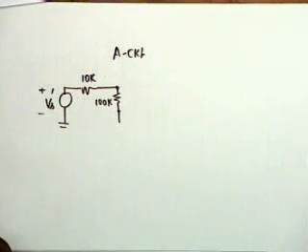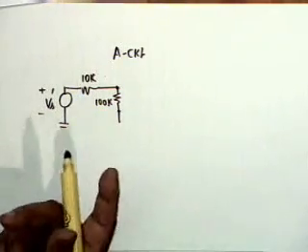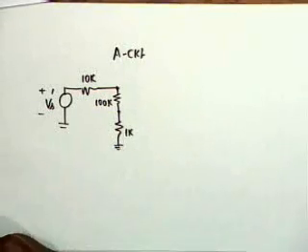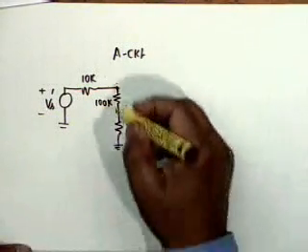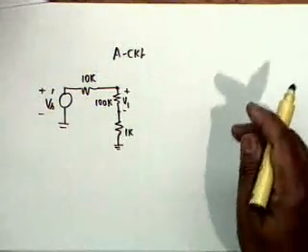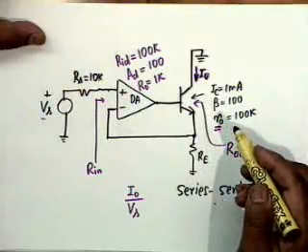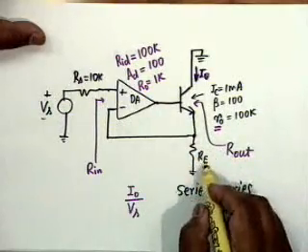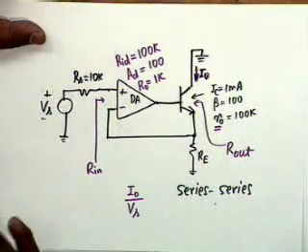Now what do I do to this feedback circuit? This is a series, so I shall have to open the output, which means that 1K shall come here. Agree? Series. And this voltage is V1. This 1K is R sub E. We have used an RE equal to 1K on the basis of the approximation.